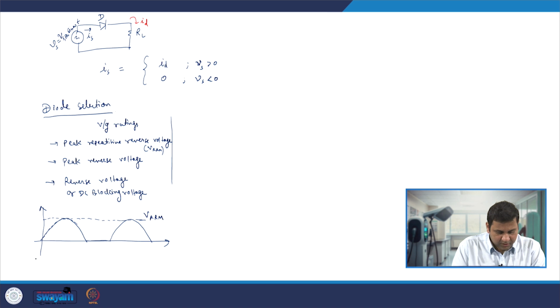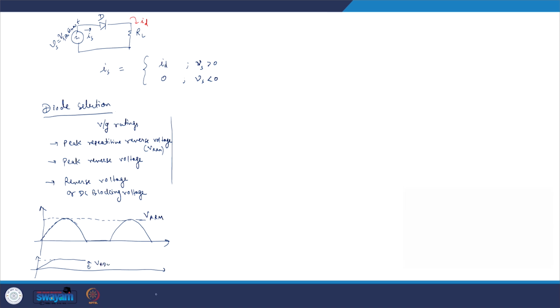Whenever it has to block a DC voltage, then this is the maximum DC voltage it can block. This is your reverse voltage or DC blocking voltage, and this is the VRDC, the maximum DC voltage it can block. So these are the two things which are given in the diode data sheets.